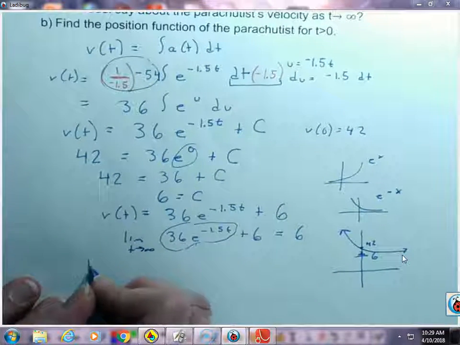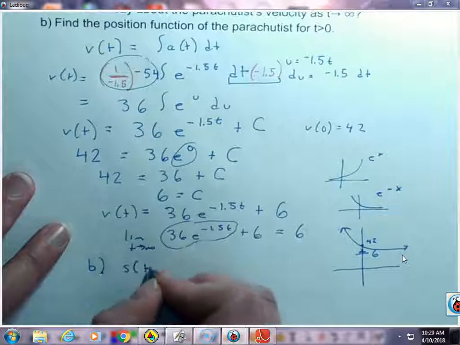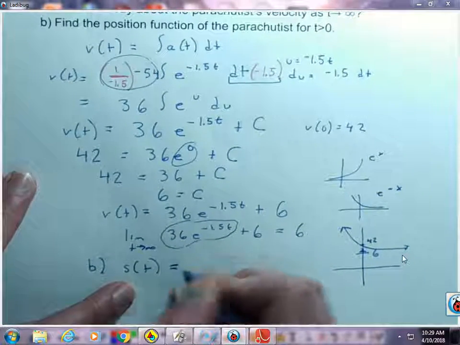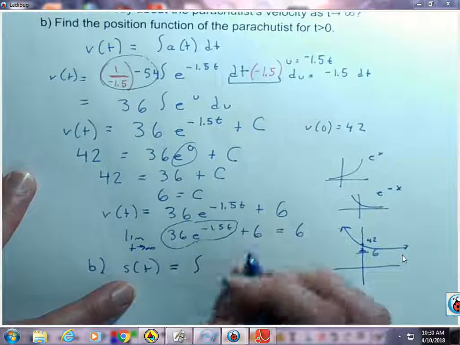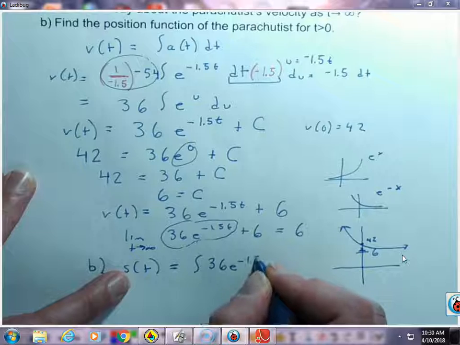Part B wants the position function. What do you think I'm going to do? Integrate one more time and plug in that point. So s of t, where s is for position, we're going to integrate velocity, and velocity was all of this.